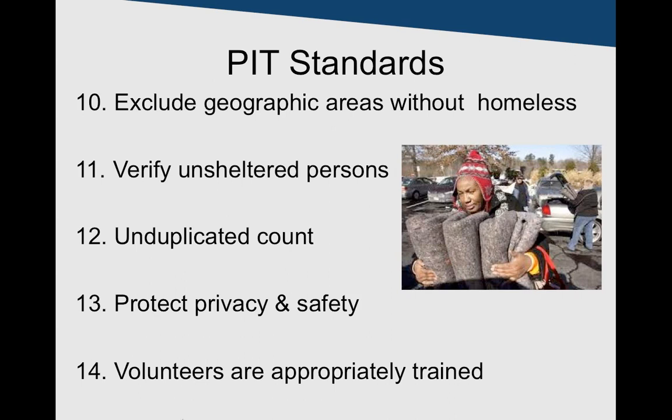And they give an example of you don't need to go out and count in deserts when you know people won't be living up there. Eleventh, CoCs must be able to verify that the unsheltered homeless people identified in the count are unsheltered on the night of the count. Twelfth, CoCs must ensure that there is an unduplicated count of homeless persons.